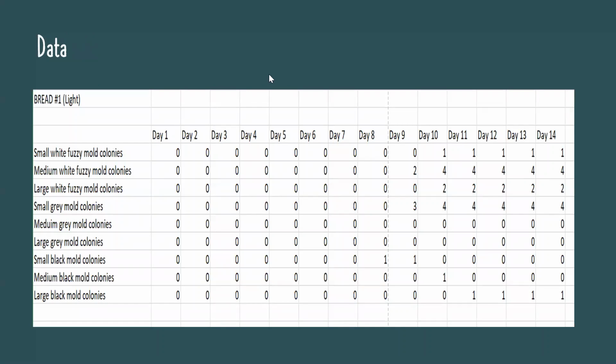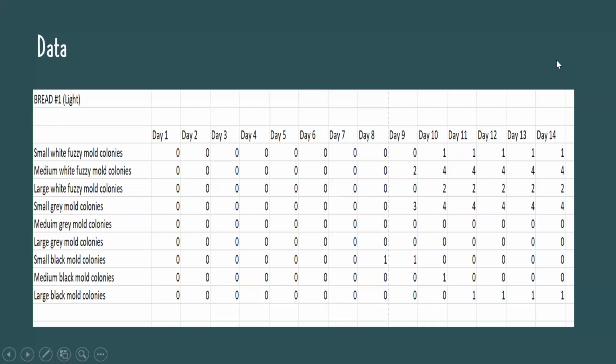So for the first spread, you can see how many white, gray, or black, or small, medium, and large colonies there were, and whether they combined to grow into one larger one or whether they stayed separate. You're able to tell on these little data sheets, and they're labeled bread number 1, 2, 3, 4, or 5, and then it'll be light or dark, and then it's by days 1, 2, 3, 4, all the way to 14.